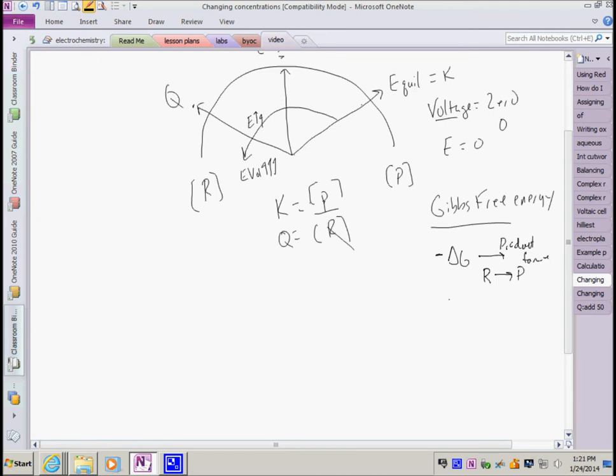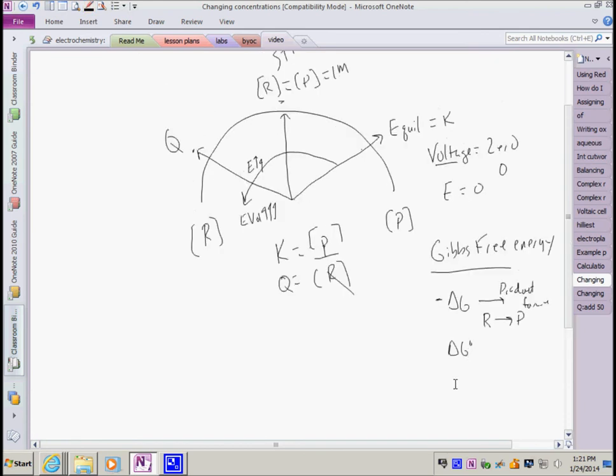If I go delta G prime, that means at standard conditions, which again is right here, what's my delta G at this point?